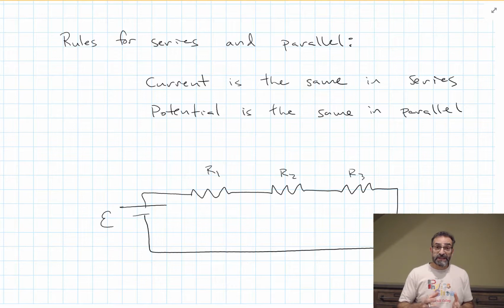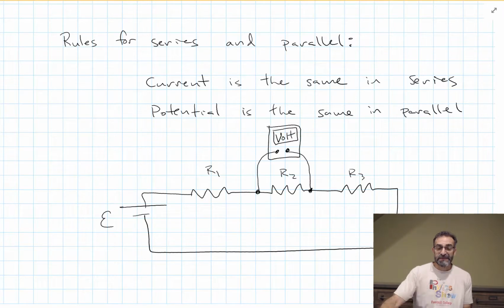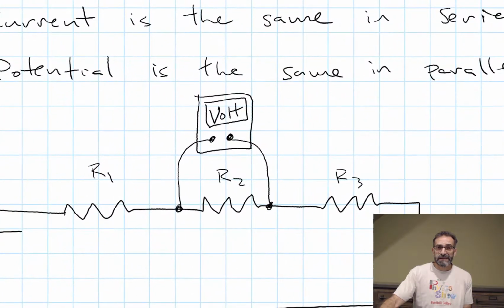So if we're measuring the potential difference across resistor R2 in our circuit here with a voltmeter, we would hook it up in parallel with R2. Our voltmeter is hooked up in parallel with R2. It should have the same potential difference across it that resistor R2 has.